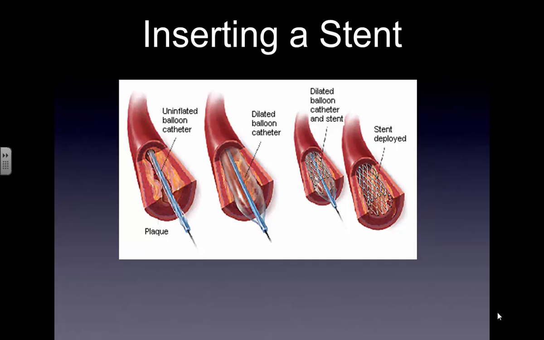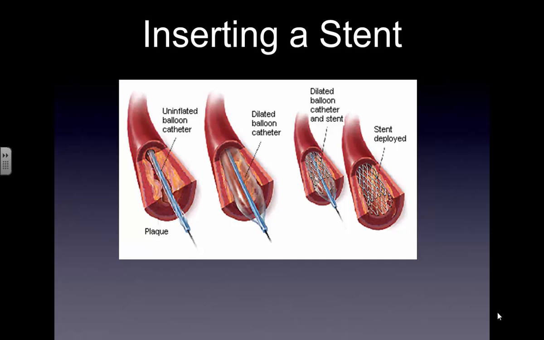They get the balloon into the blockage, but then not only do they have a balloon, but they have a little wire mesh attached to it. And when they inflate the balloon, it opens up the artery, and this metal mesh also expands. And then when they take the balloon out, this mesh stays inside.